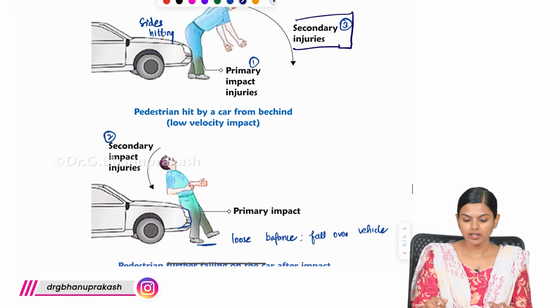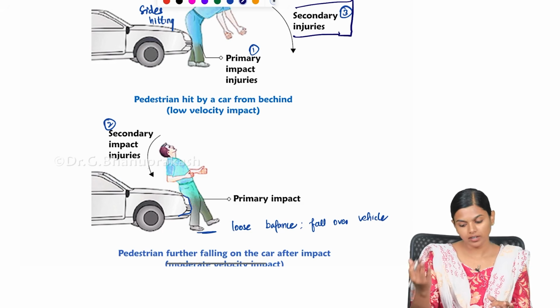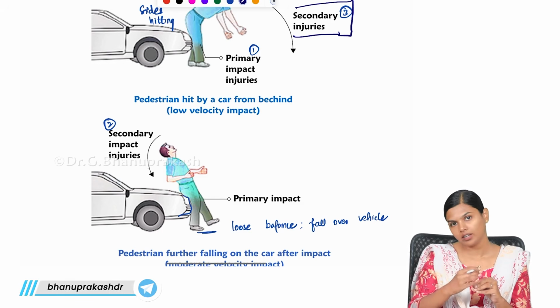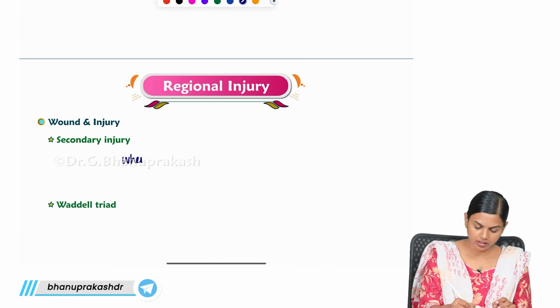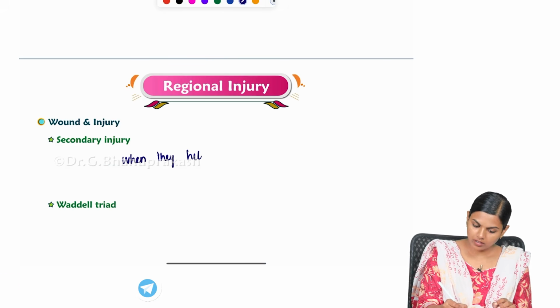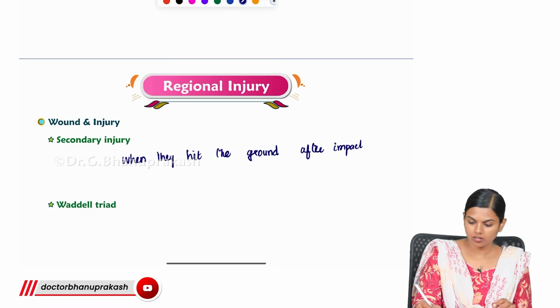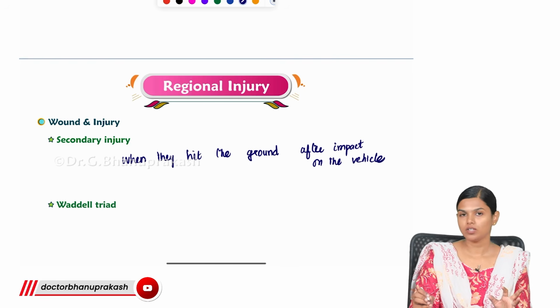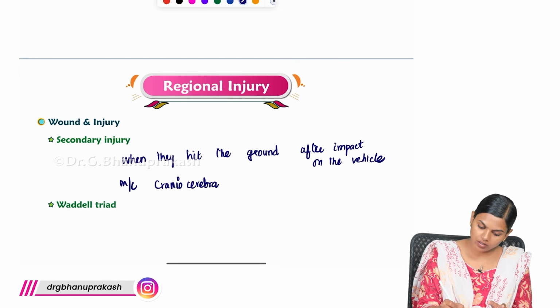Here they may fall over the vehicle and get thrown away, or after the primary impact they may directly hit the ground. The injuries that they sustain when they hit the ground after impact with the vehicle are known as secondary injury, and most commonly they will get craniocerebral injury.